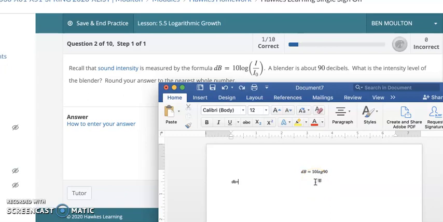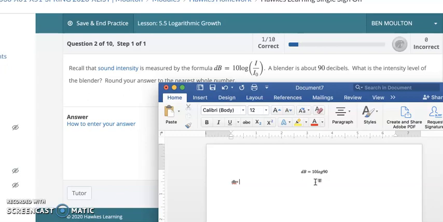So what we're doing here is taking the log of 90, whatever that is, and multiplying by 10, and that'll give us our answer. So the number of decibels is the log of 90 times 10, and we are looking at 19.5.